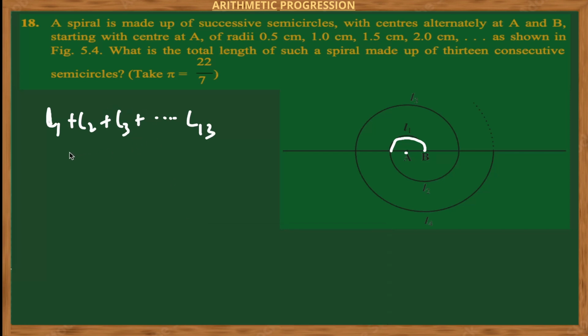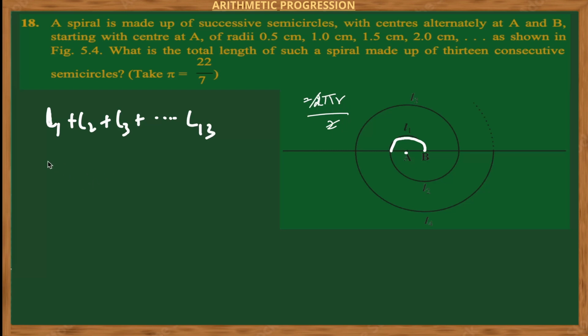And how do you find this with the radii? The circumference of a circle, we know the value, which is equal to 2 pi r. But we are taking a semicircle, so it will be divided by 2, so it will be pi r.